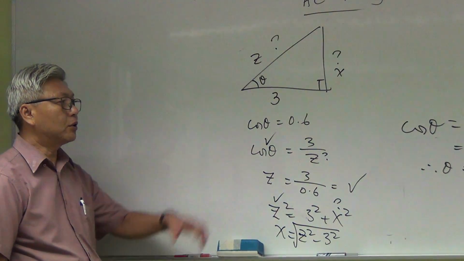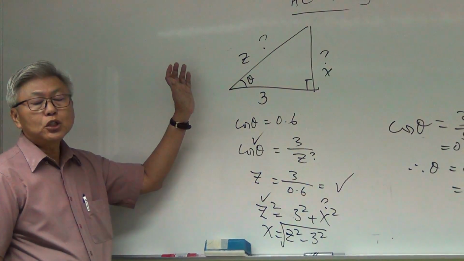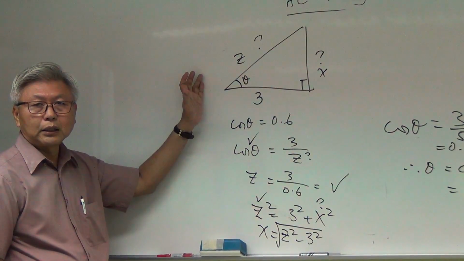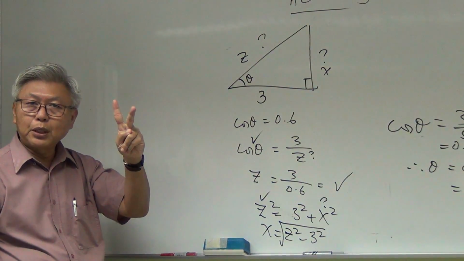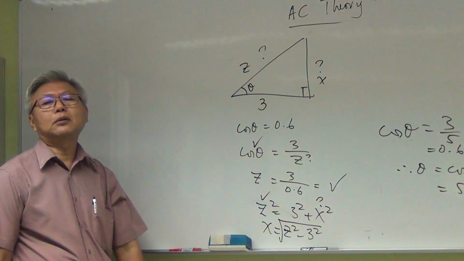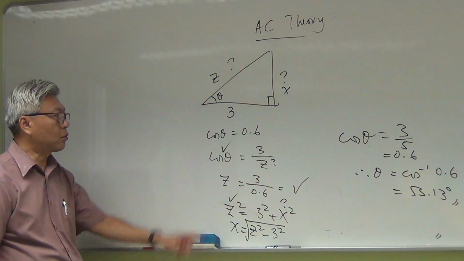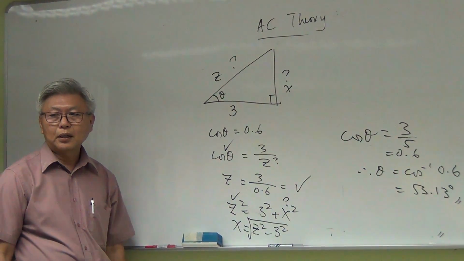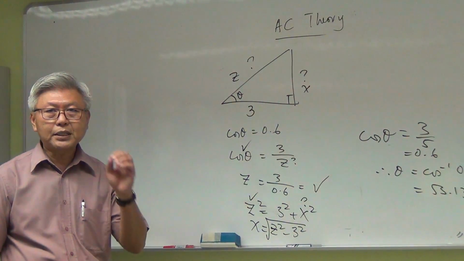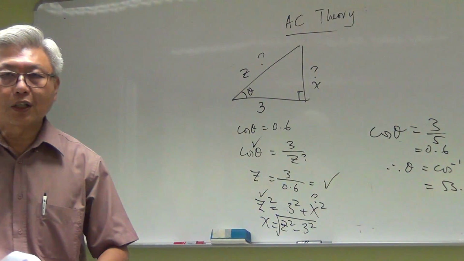So the point that I want to tell you is that if I give you a right angle triangle and two pieces of information, you can find out the rest of the information of the sides as well as the angle. Okay? Alright, so that completes part 1 of our revision of AC theory.